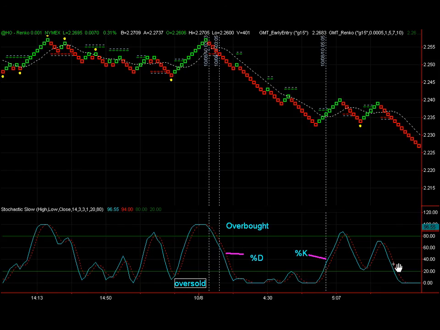So there are three primary ways in which you'll find that traders actually use this indicator to trade. The first one is to use the percentage K line as an indication of when the market is overbought or oversold, and a cross below the 80 line is giving you an indication that there's potentially a selling opportunity. As you can see here, it picks that up nicely on this push down.